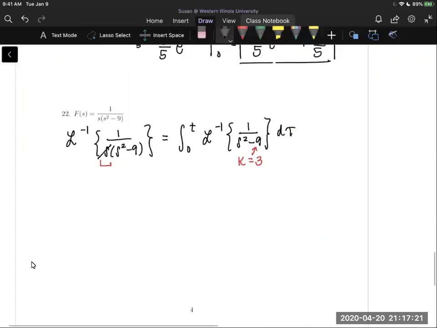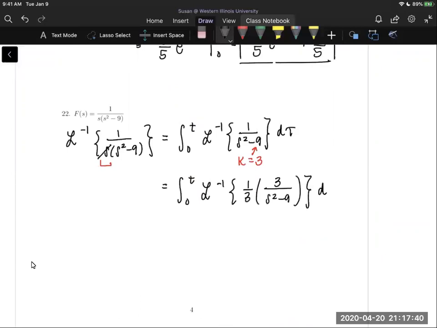So let me do this extra step of adding a 3 on the numerator and the denominator. So I'm going to write it as 1/3 of 3 over s squared minus 9 d tau. And then we know that constants can pull out front, so that 1/3 is no problem.